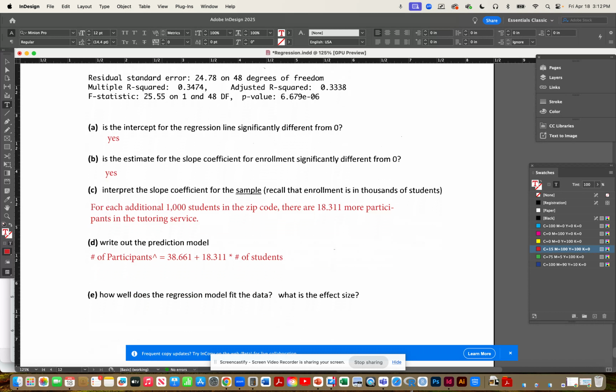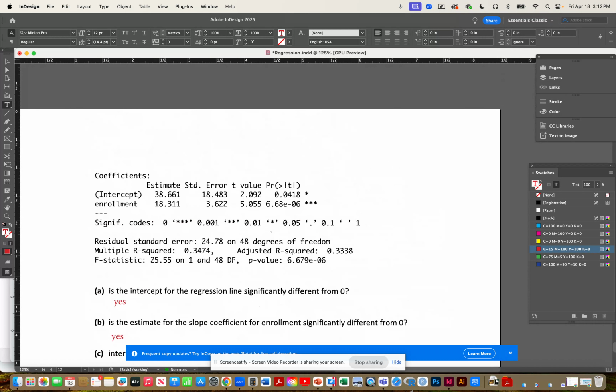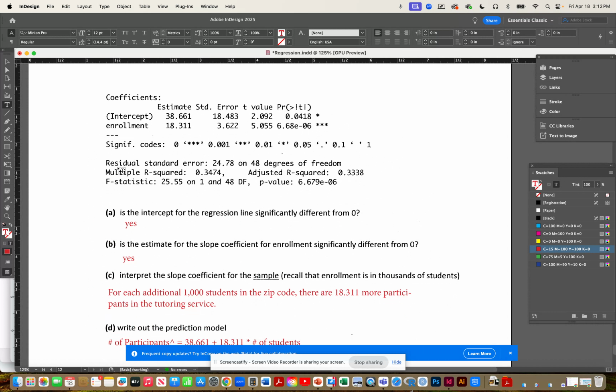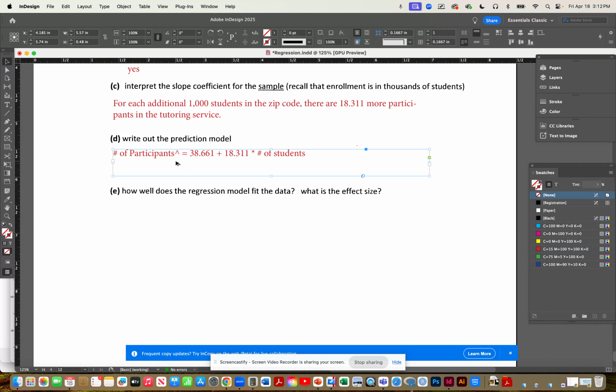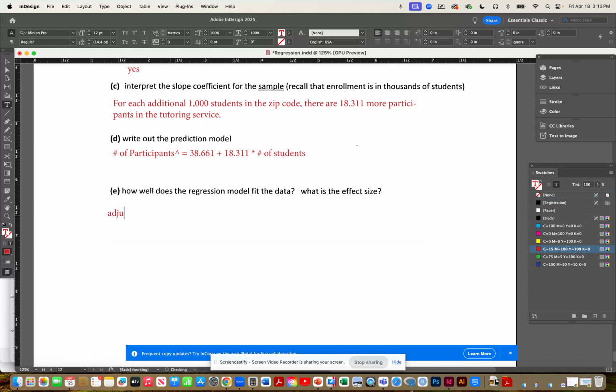How well does the regression model fit this data? What is the effect size? Well, we look at this line right here, the multiple r squared, and we look at the adjusted r square of 0.3338. So just imagine that 2 is a square.